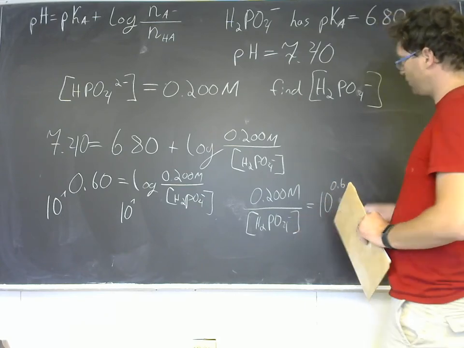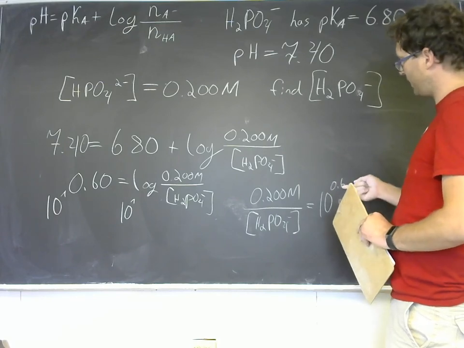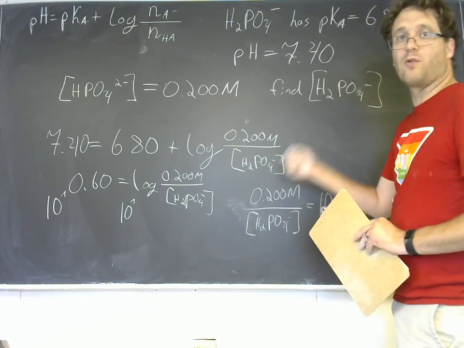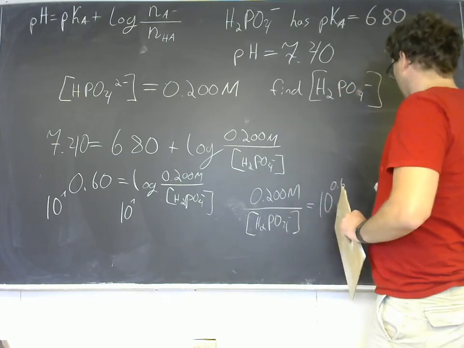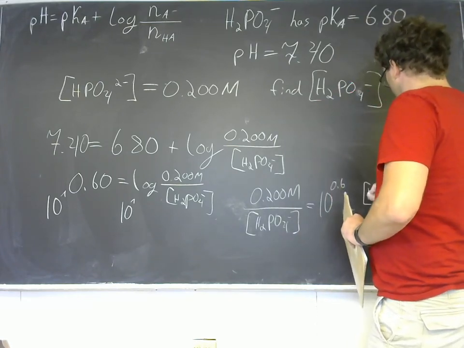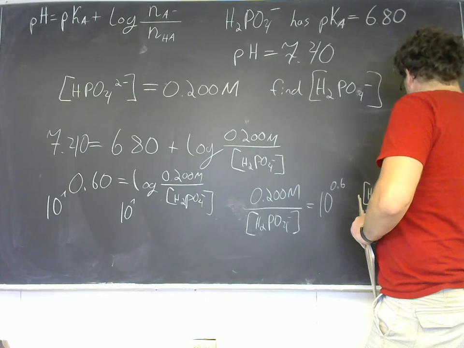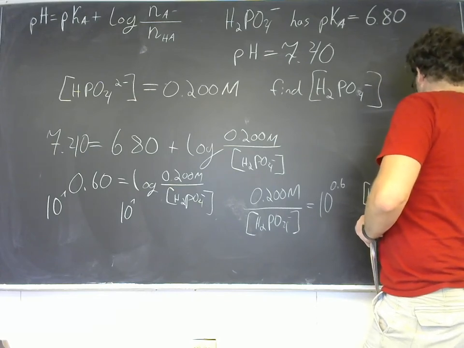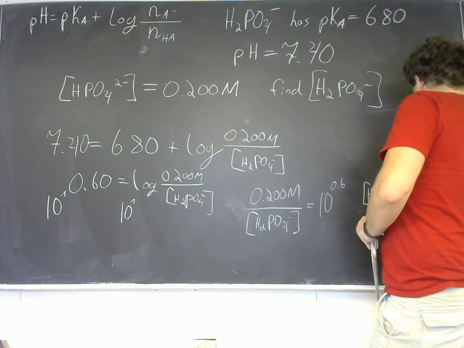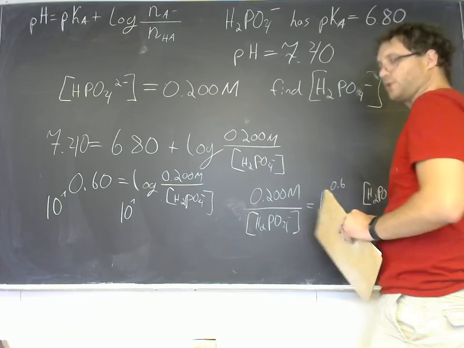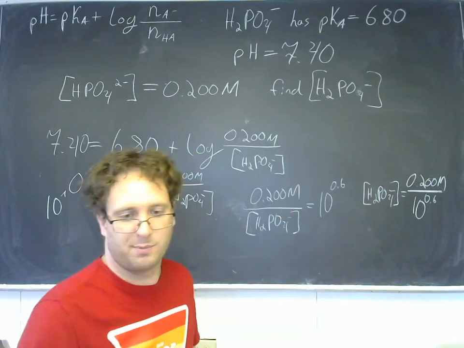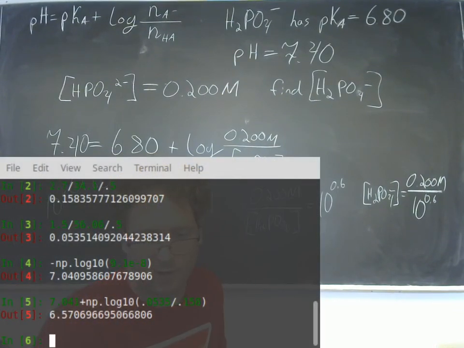We can take H2PO4 over here, and then we can take 10 raised to the power of 0.6 over there. And so we can say that H2PO4 minus concentration is going to equal 0.200 molar divided by 10 raised to the power of 0.6. Of course, we could have calculated any of those intermediate quantities, but I just wanted to do it in one go because it's not that complicated. 0.2 divided by 10 raised to the power of 0.6.